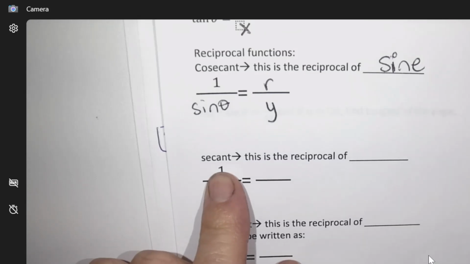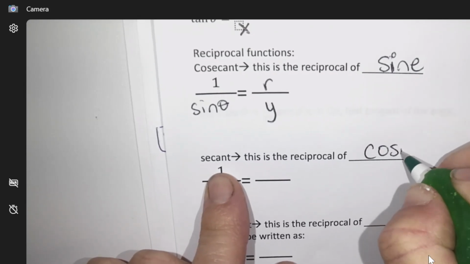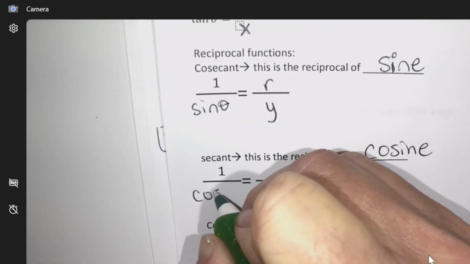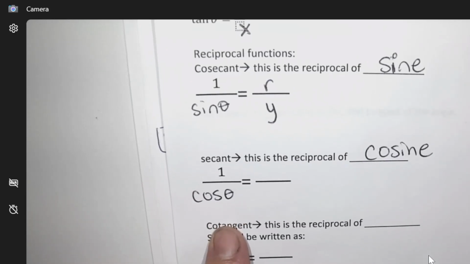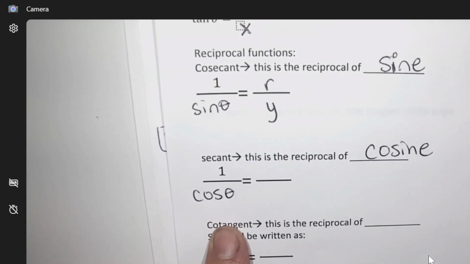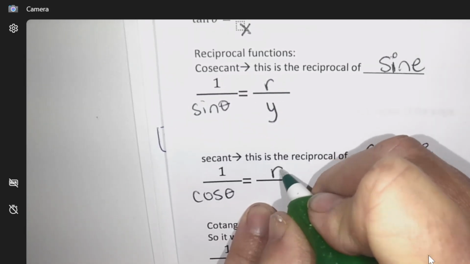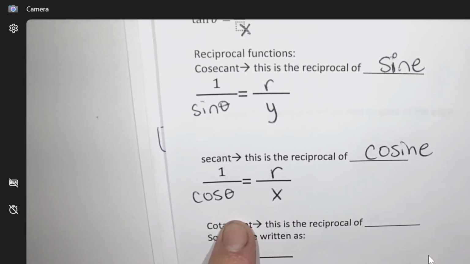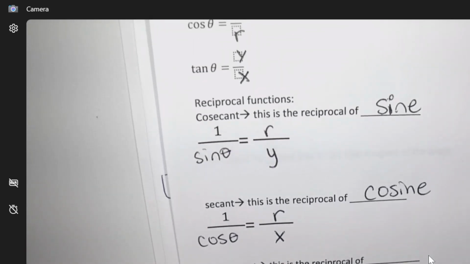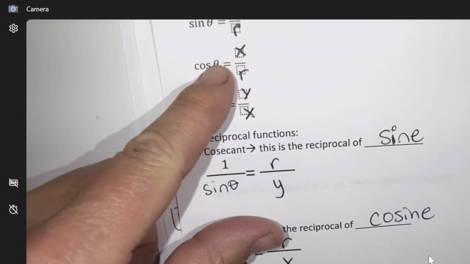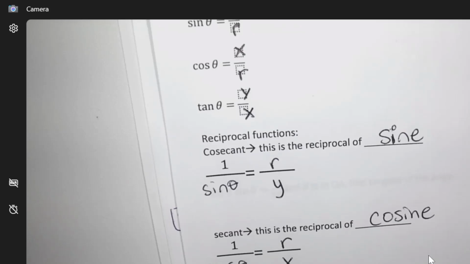And secant is the flip of cosine. So I'm flipping cosine. So if I wrote that, it would be r over x. So I'm just flipping the ones from above, right? You see what I'm doing here? Taking cosine and flipping their letters, reciprocating that.